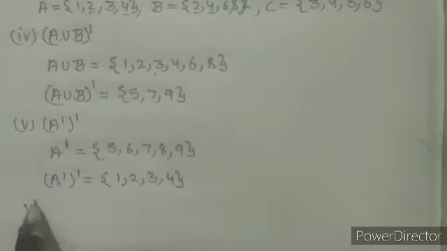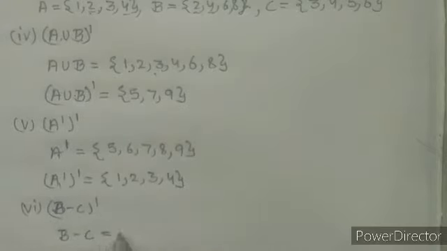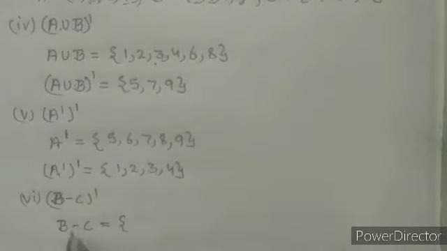Now the sixth part is B minus C complement. Now B minus C will be the set of elements which are in B but not in C, and those elements which are in B and not in C are 2, 5, and 8.